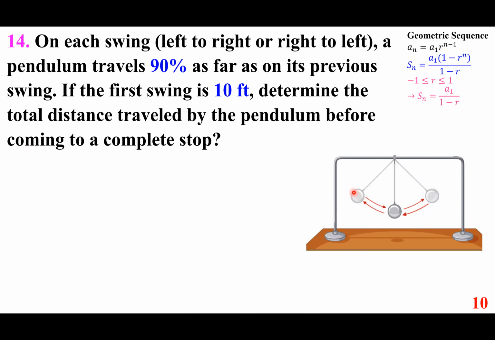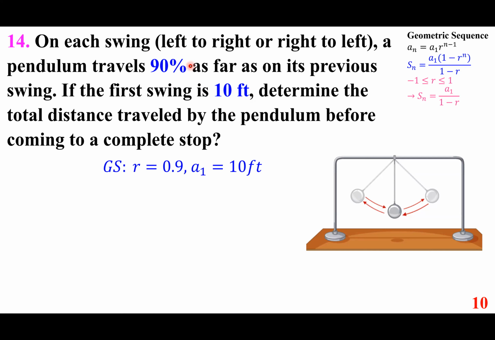So if the first one is 10, then the next one is 90% of that, 9 feet. And then the next one is 90% of that, 9 times 0.9, 8.1 feet, and so forth. So you're dealing with a geometric sequence with a sub 1 being 10 feet and r being 0.9.